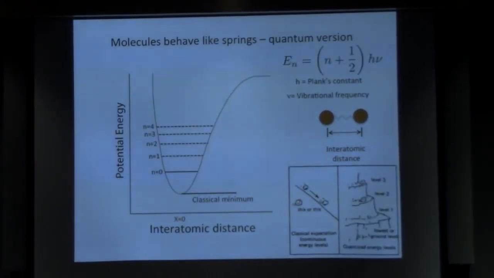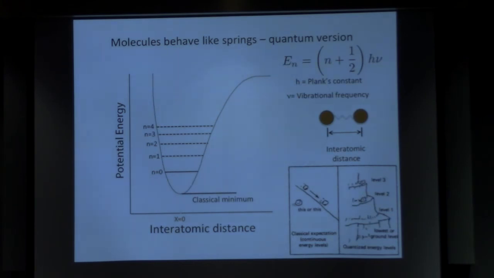So where we get our isotopic fractionation and this possibility for isotopic sorting based on our mass differences is when we think about this scheme from a quantum mechanical perspective. Instead of a classical situation where you can have continuous energy states anywhere from the bottom all the way up until your bond breaks, until you hit that dissociation energy, in quantum mechanics you can only exist in certain energy states. So right, that's your N0, N1, N2, N3.